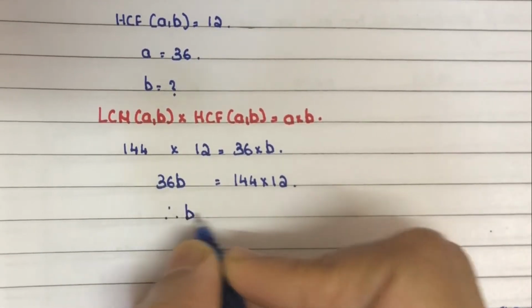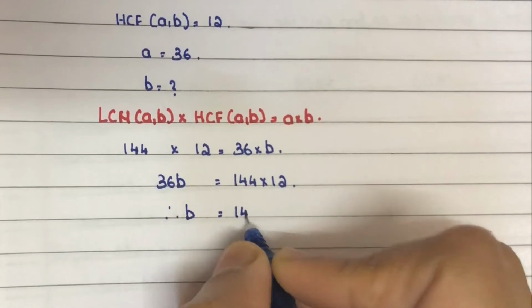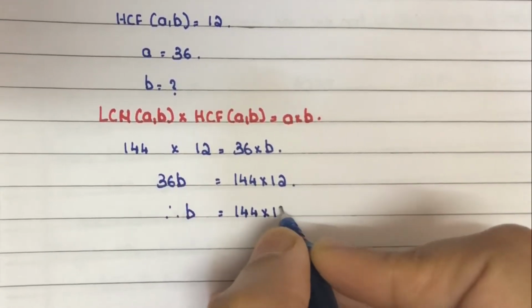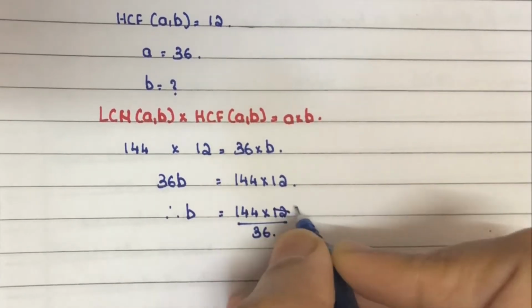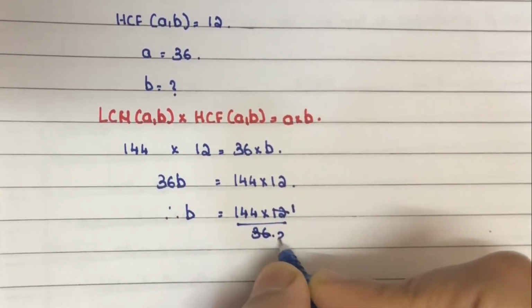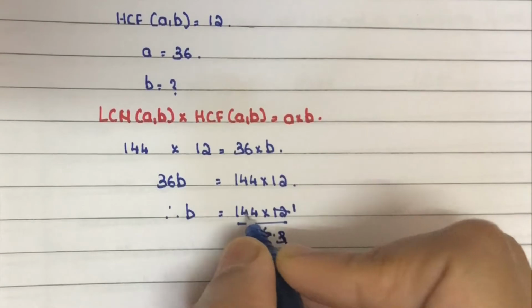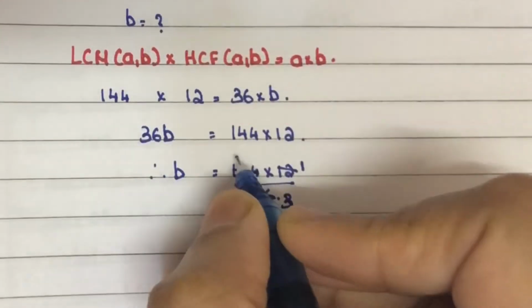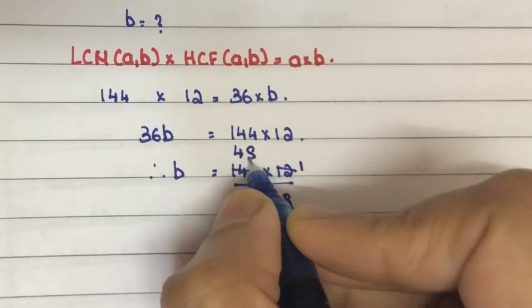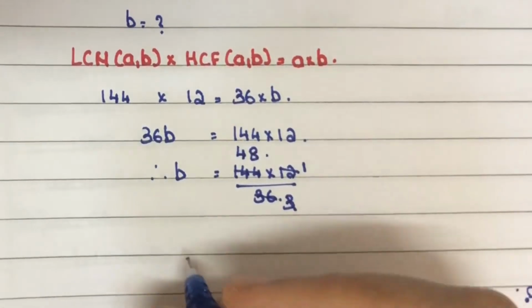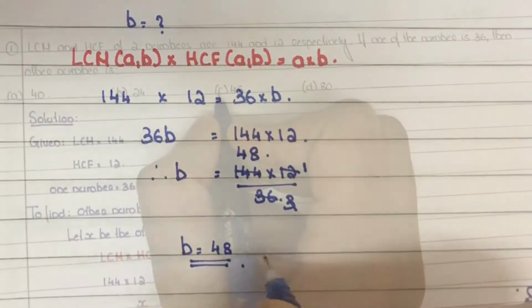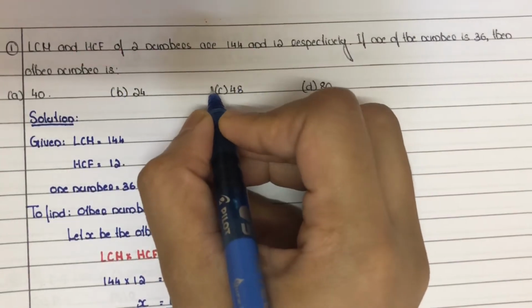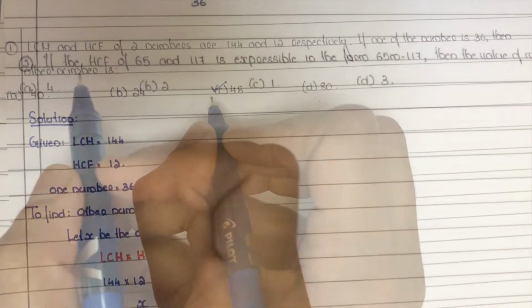Therefore, B is equal to 144 into 12 by 36. 12 into 3 is 36. So, B is equal to 48. Answer is option C, 48.